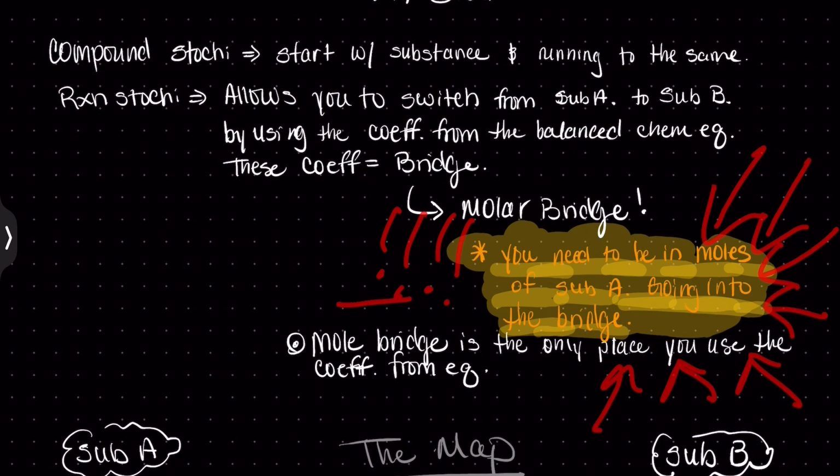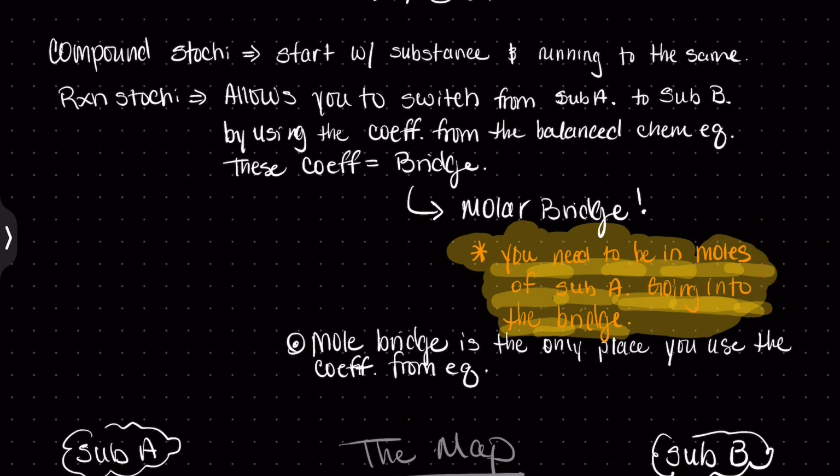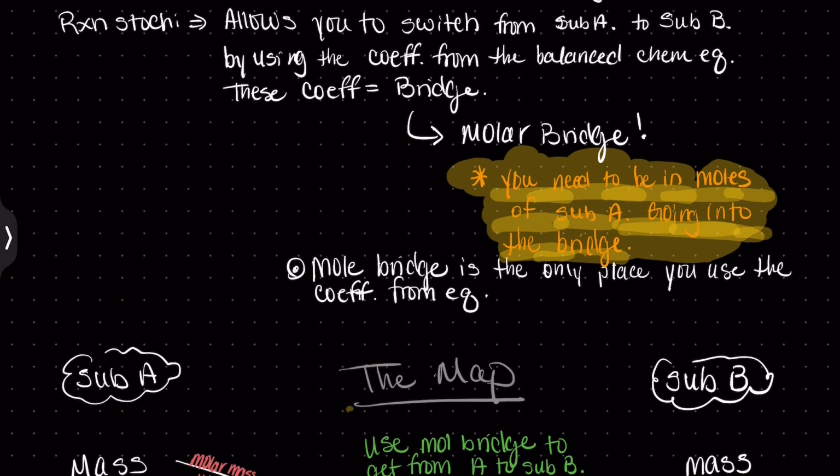Don't go into the bridge until you've turned everything into moles, because this molar bridge is the only place you'll use the molar coefficients. So for that process to work out accurately, you must be in moles.